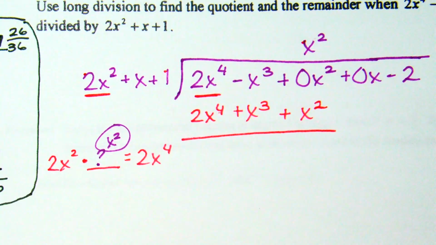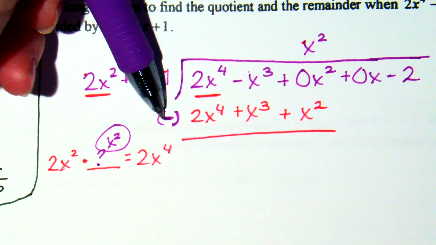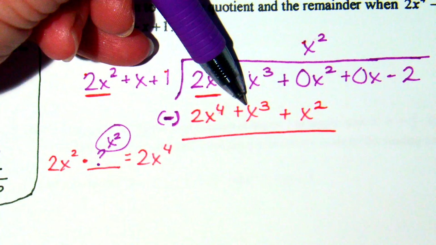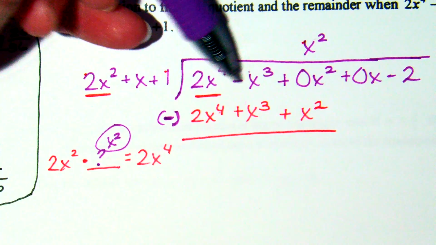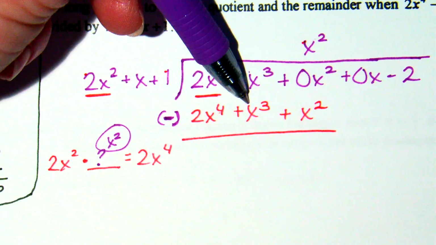Okay. I multiplied. After I multiply, what do we do? Subtract. 2x to the fourth minus 2x to the fourth. 0. If it's anything other than 0, you've messed up. That first term has to be 0. That's the whole design here. Negative x to the third minus x to the third. Not 0. Negative x to the third minus x to the third.